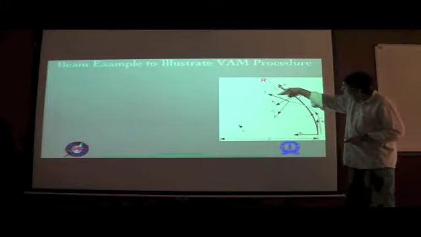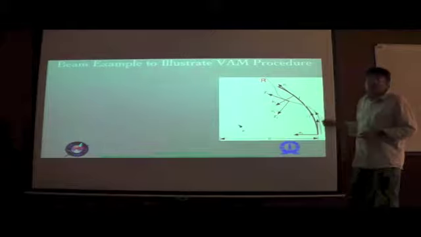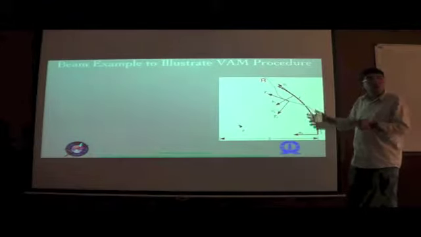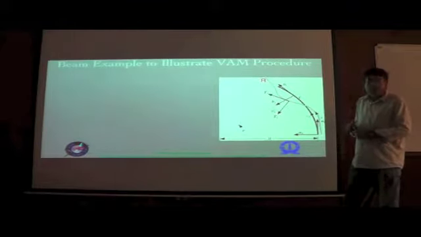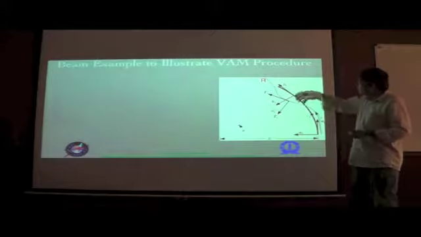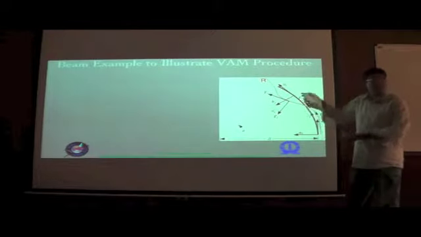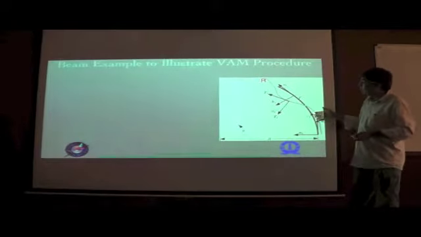Then you have your T1 and T2, and as I said, in this specific case we are restricting to all deformations being within this plane. It's a planar beam problem that you're dealing with. The choice of material, loading, and the geometry of the cross section is such that we'll assume everything is happening in the plane.